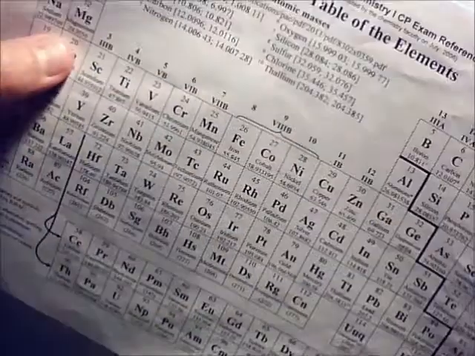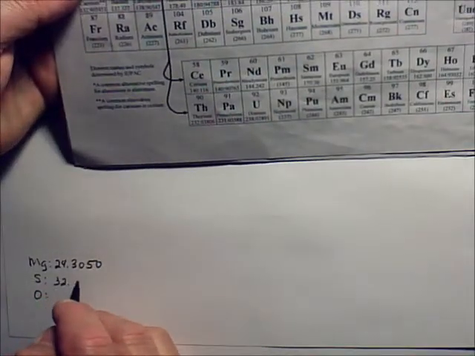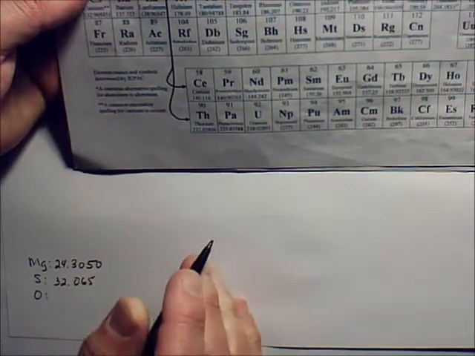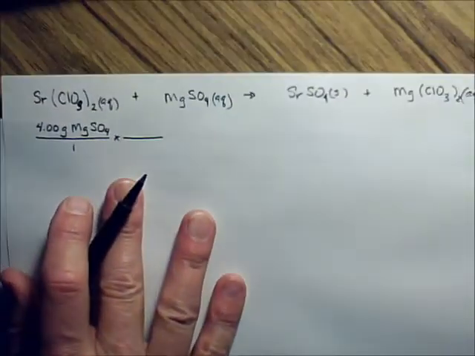And we go to our trusty periodic table and find that magnesium's atomic mass is 24.3050. And sulfur is 32.065. Yes, ma'am. You mean up here in the stoichiometry?